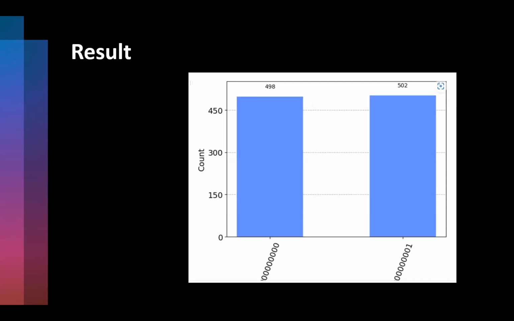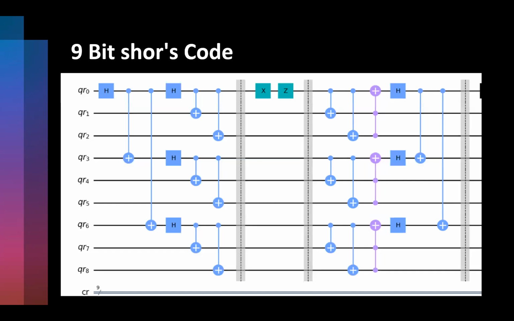So the 9-qubit Shor code is like this: 1 qubit converted into 9 qubits to correct only one error, like one phase error and one bit error in only 1 qubit. So we have more techniques like the 7-qubit error correction code, the 5-qubit code.